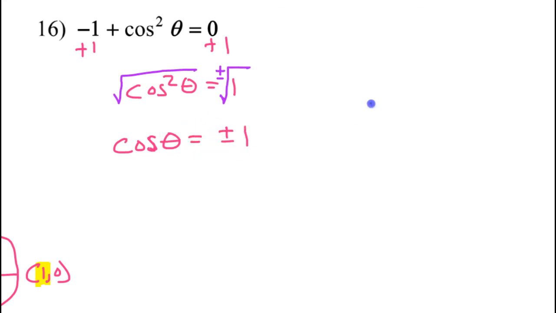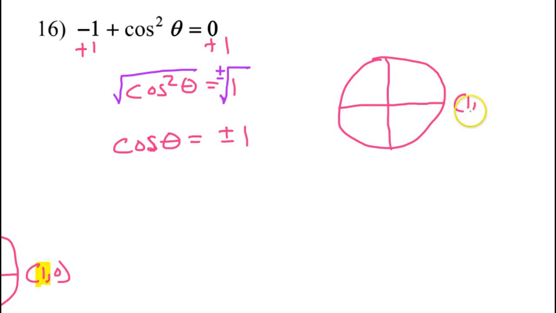This is a quadrantal angle situation. And over here we have 1, 0. Up here is 0, 1. On the left is -1, 0. And down here is 0, -1. Cosine is the x value on the unit circle. So we're only going to look at these numbers, these x values.